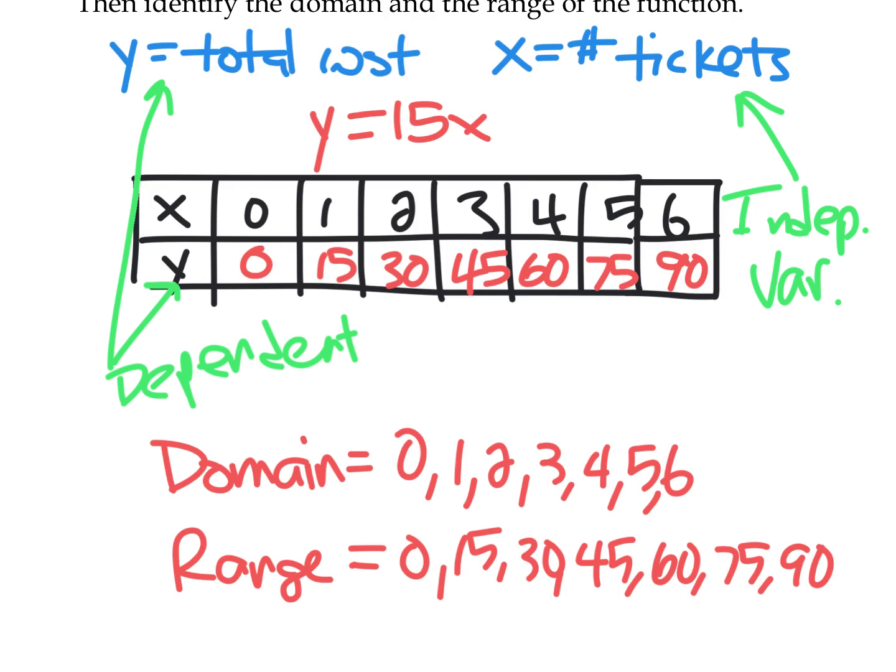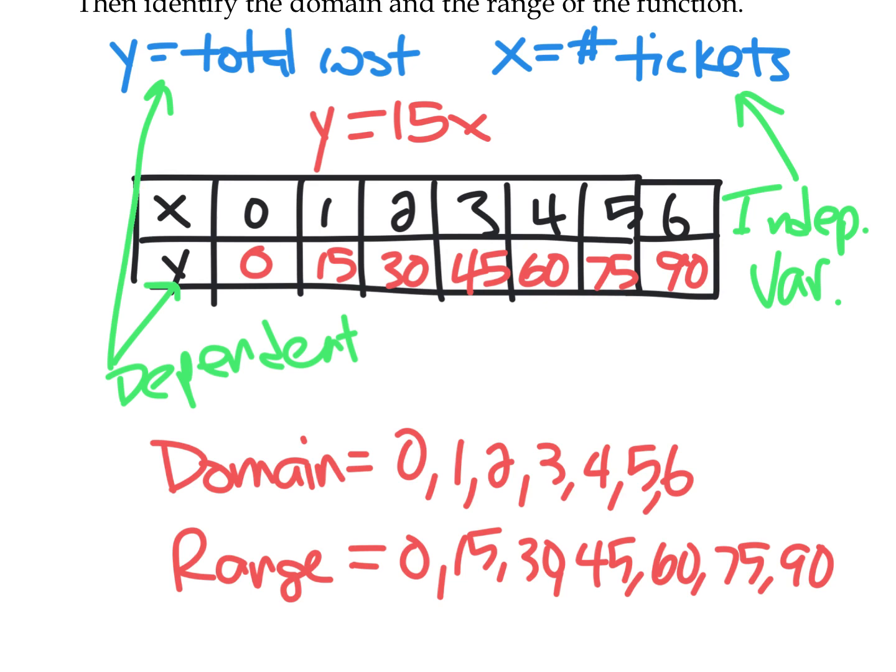And remember, the range, those outputs depend on the x values. The only way we get those y values is based on having an x value to plug into our equation. So the domain is all of the inputs, the numbers we're plugging in. Those are our independent variables. They can be, in this case, any of those numbers, 0, 1, 2, 3, 4, 5, or 6. The range is all of the outputs, the dependent variables, the numbers we get from those calculations after we plug something in.